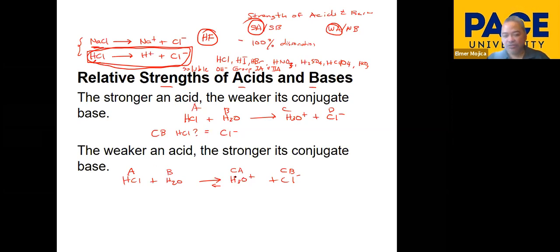In addition, the conjugate acid that you have here will also be weaker than the HCl. So what does it mean? The forward and the backward reaction are competing with one another. Now, who will win? In a competition of strength, who always wins?